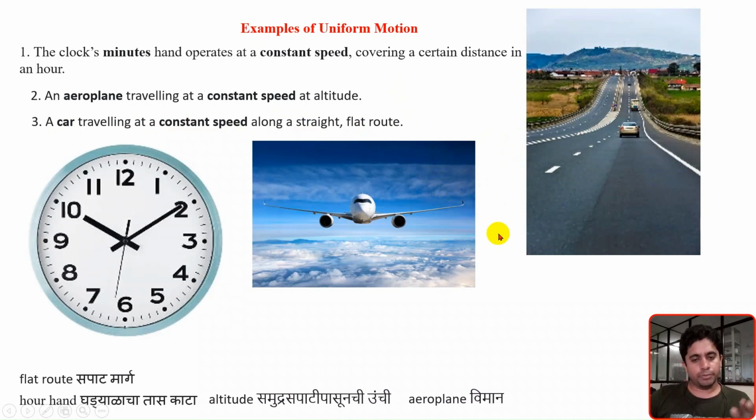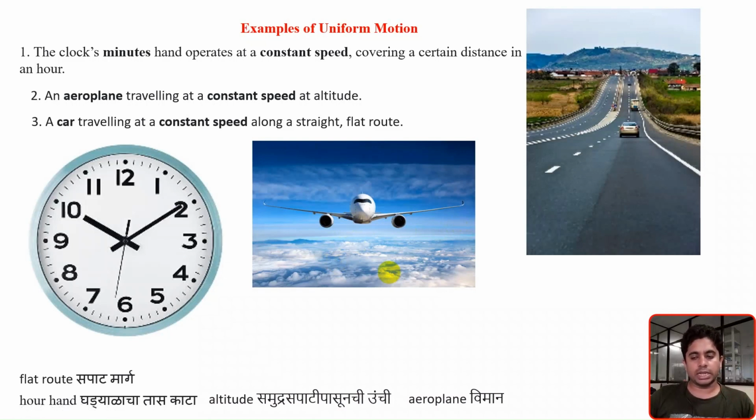Whenever the road is upward, we have to increase the speed. Whenever the road is downward, we have to control or reduce the speed, and sometimes we need to apply the brakes. But whenever the road is flat, especially on highways, we will try to keep the speed constant.